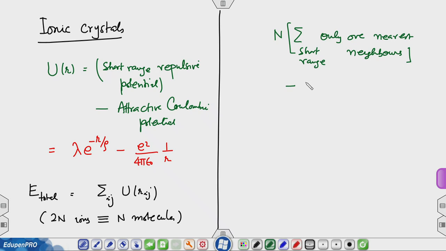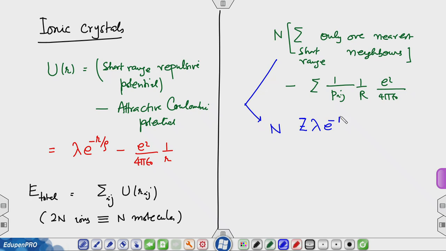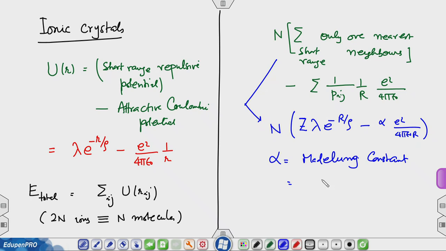And then there was this minus summation 1 over p i j 1 over r e square over 4 pi epsilon 0. And the second part we wrote as, so this was equal to n z lambda e raised to minus r over rho, that was the nearest neighbor, minus alpha e square over 4 pi epsilon 0 r, where alpha is known as the Madelung constant, and it is the sum over this plus minus 1 over p i j.